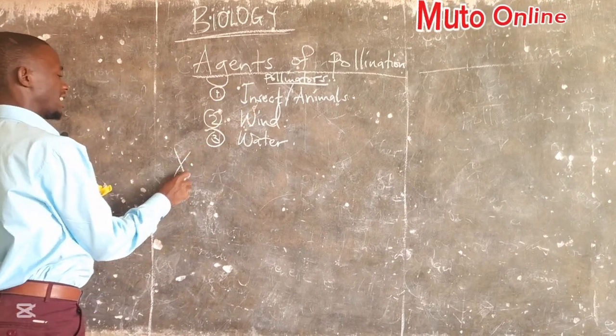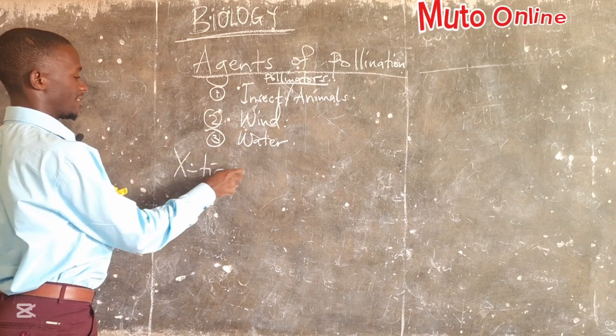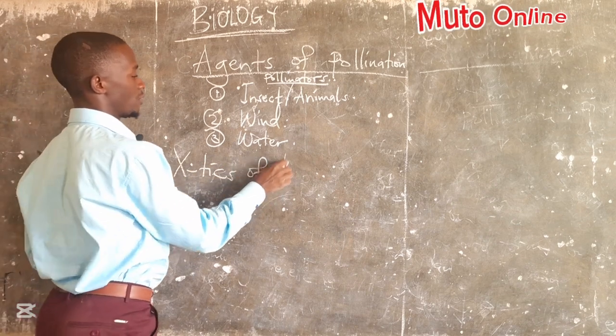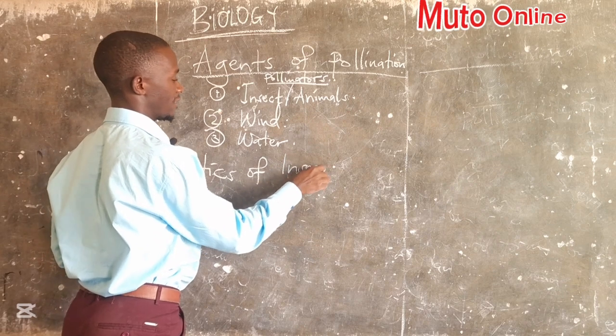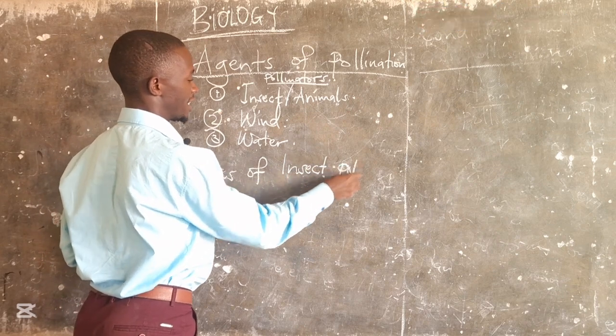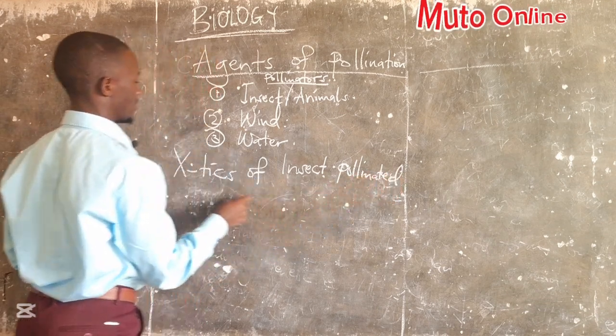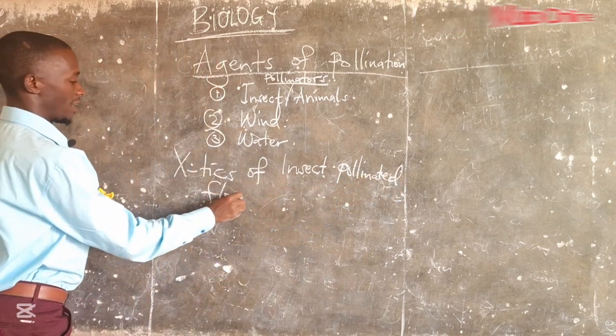So their characteristics. We have characteristics of insect pollinated flowers.